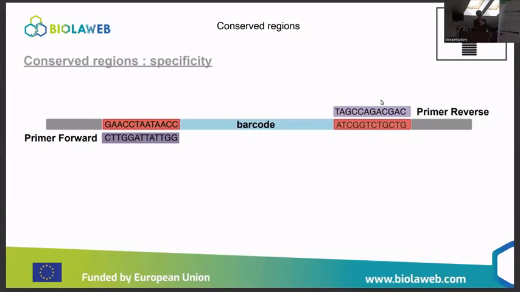You will have a forward primer that will hybridize to the conserved region at the beginning of the barcode, and a reverse primer that will be complementary to the region at the end of the barcode. And they will be complementary and form hydrogen bonds, as Agnès told us earlier.